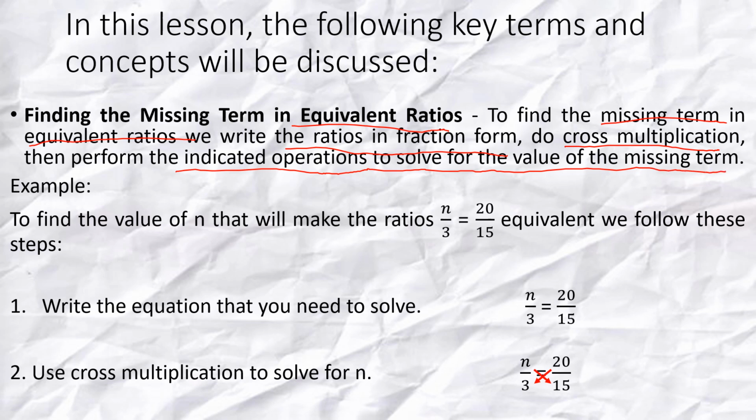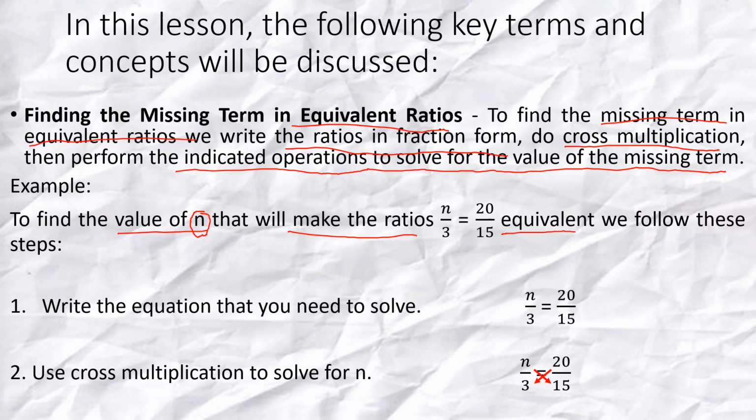So let us try this given example. To find the value of n, when you encounter the letter n in a given ratio, it means that is the missing term, or the missing number. That will make the ratios n over 3 equals 20 over 15 equivalent.